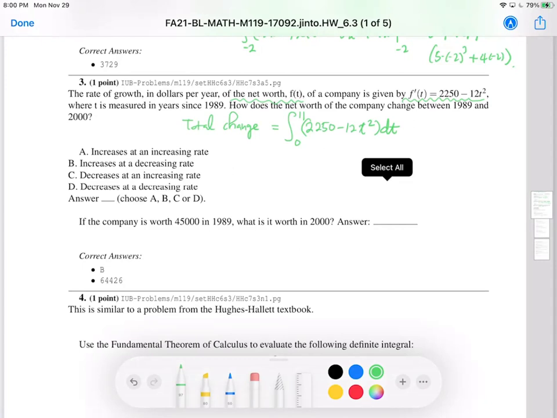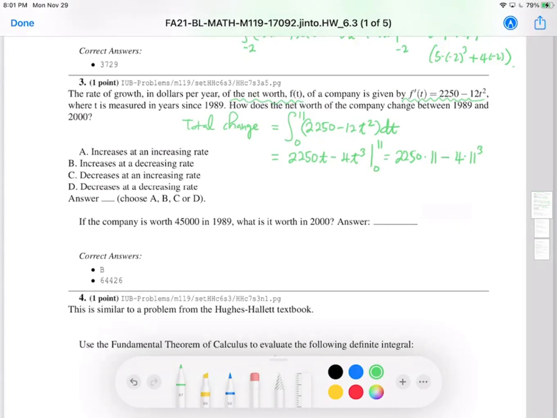This is equal to 2250t minus 4t cubed from 0 to 11. So 2250 times 11 minus 4 times 11 cubed.